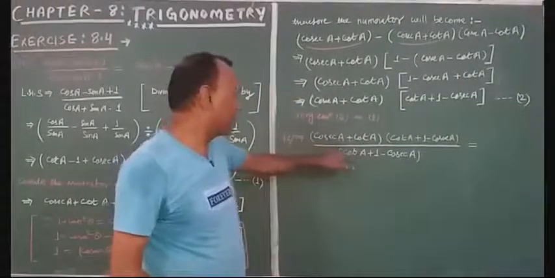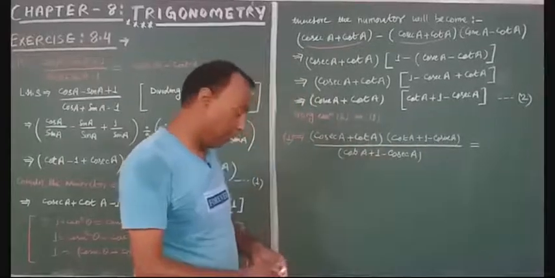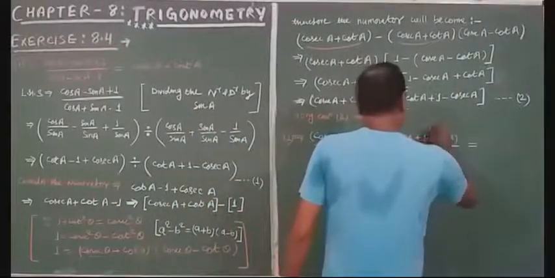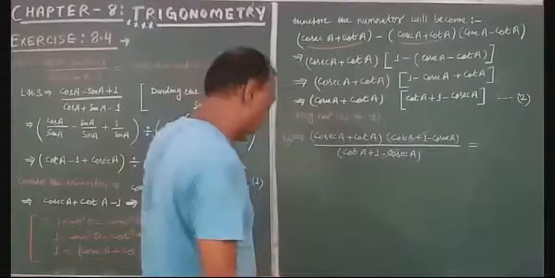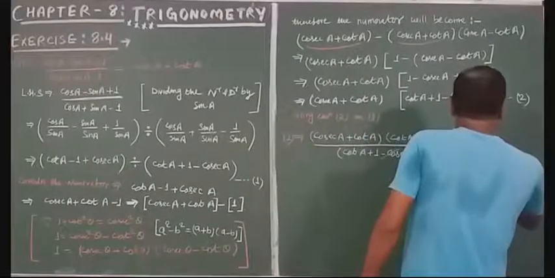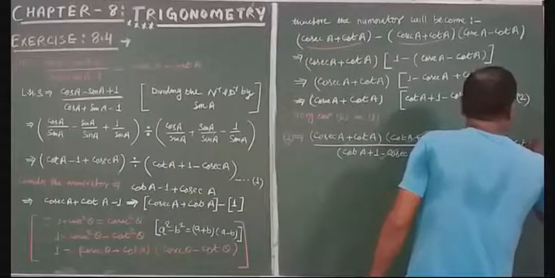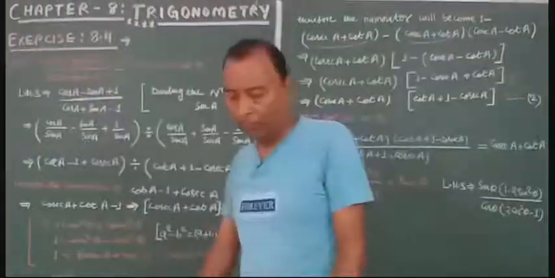Cosec A plus cot A plus 1 minus cosec A. These two things can be cancelled out, and simply you will get cosec A plus cot A.